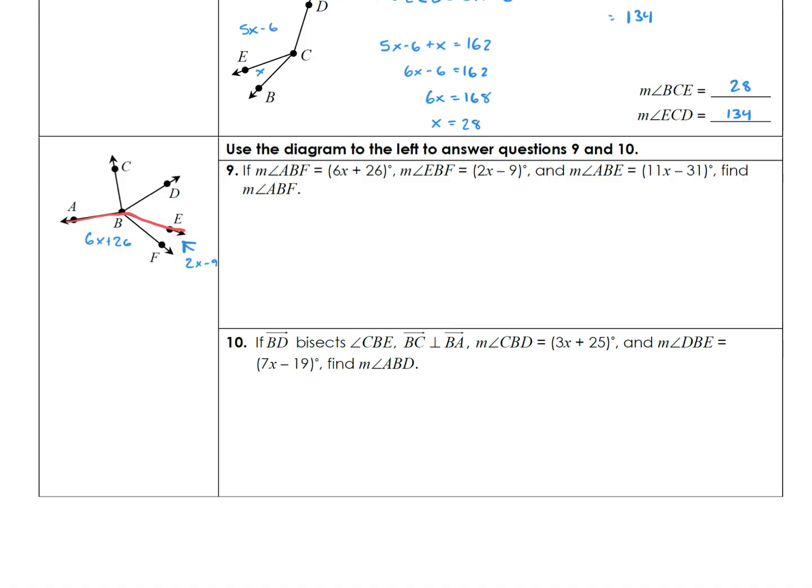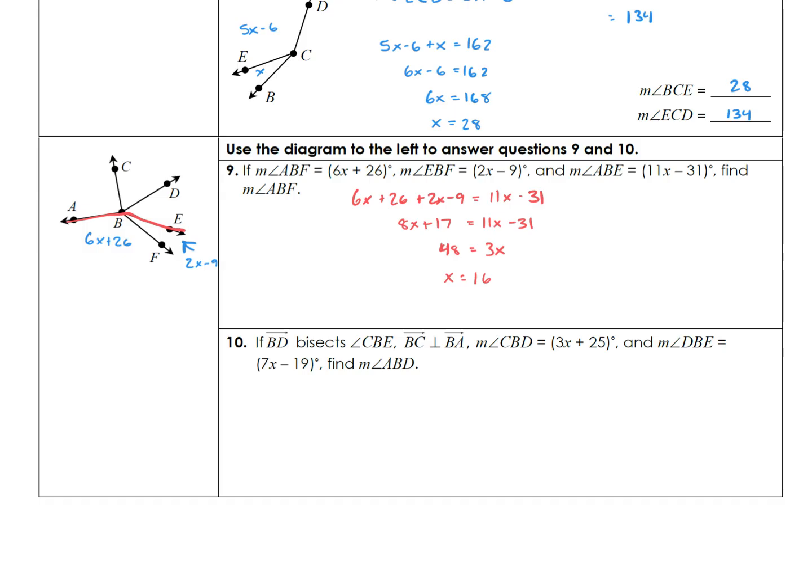So despite there being more angles in the picture, the thing we need is ABE. We have both of those pieces, so it's a simple angle addition postulate problem where we have 6x plus 26 plus 2x minus 9 is equal to 11x minus 31. And we can solve from here.